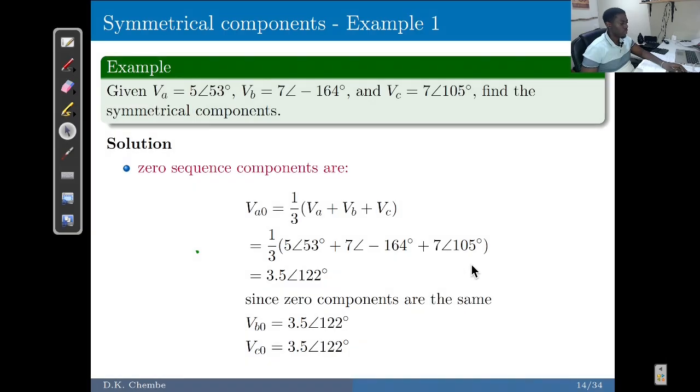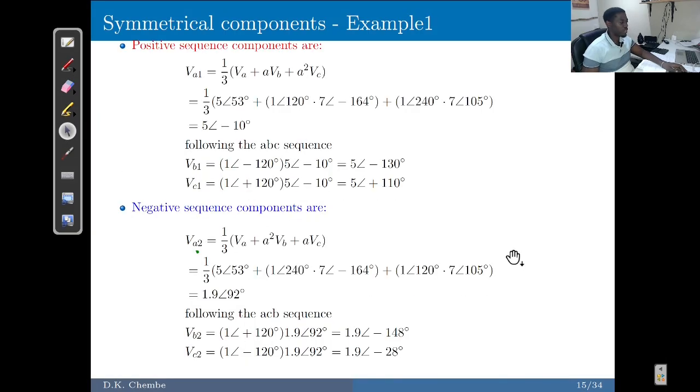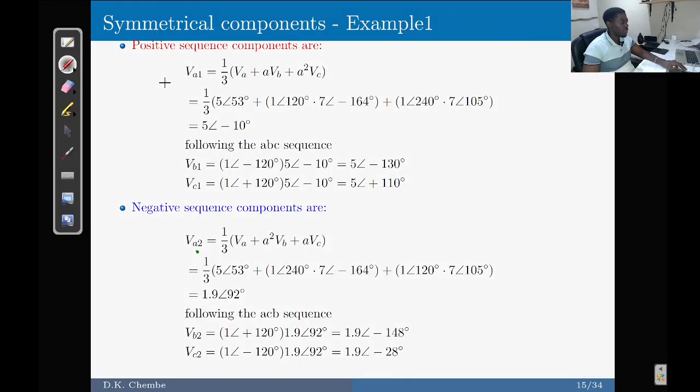So next we find the positive sequence components. For the positive sequence components, you have VA1, which is equal to 1/3 (VA + aVB + a²VC).